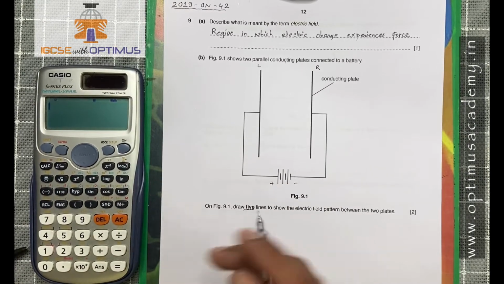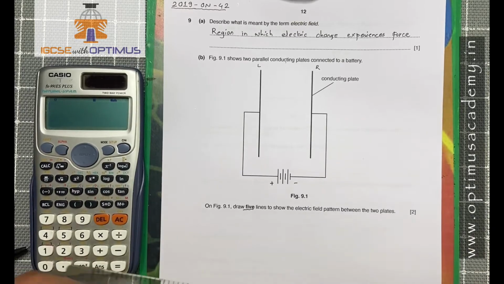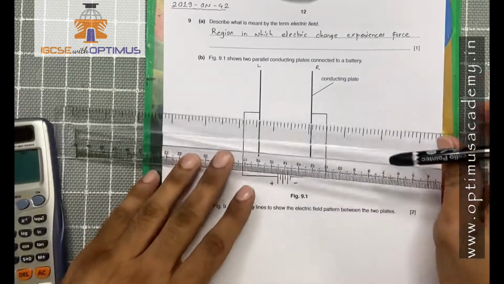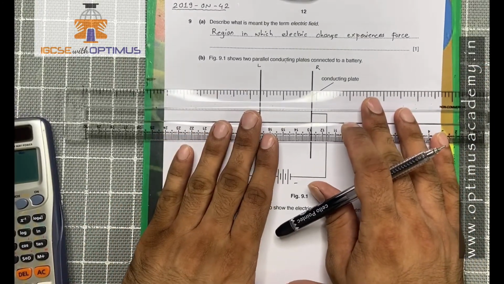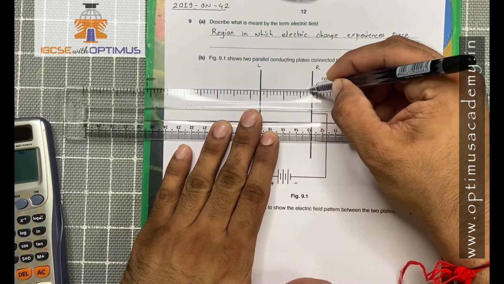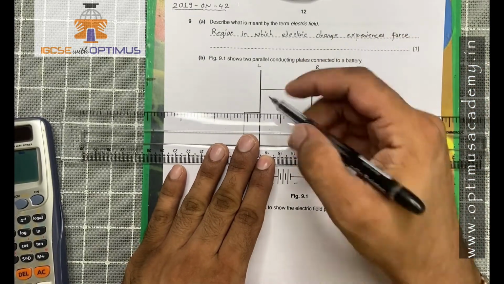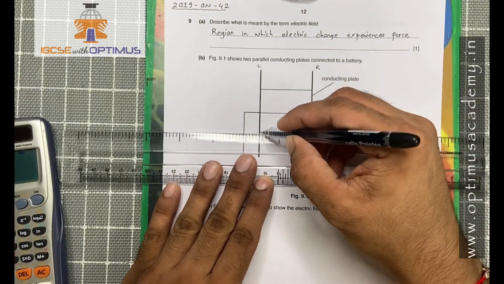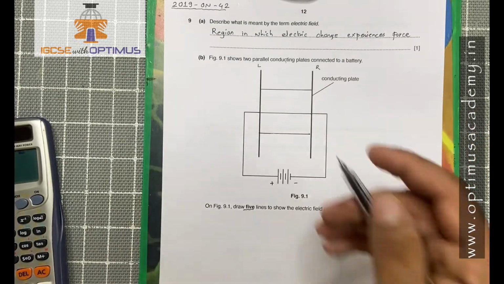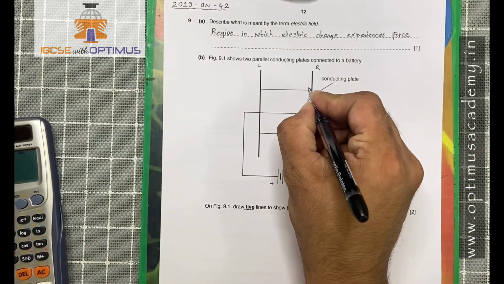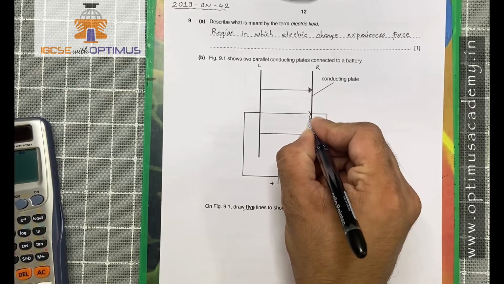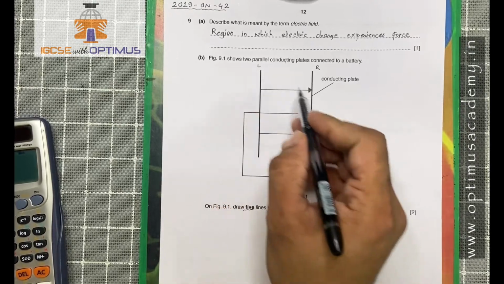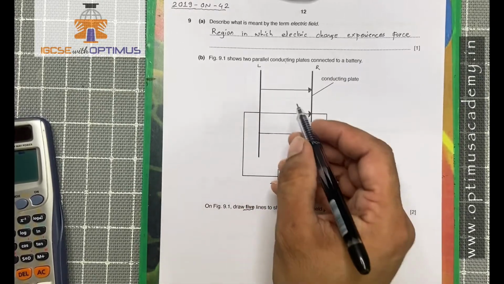So we will be drawing 3 lines parallel to each other. Like this, and we will mark the direction of electric field, which is from positive, which is left hand side plate, to negative, that is right hand side plate.